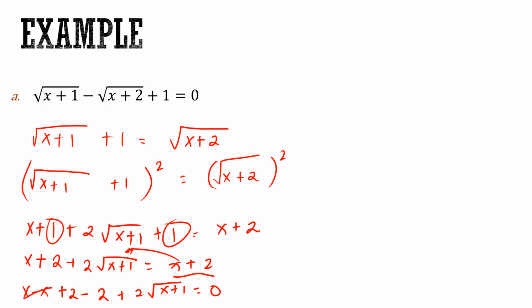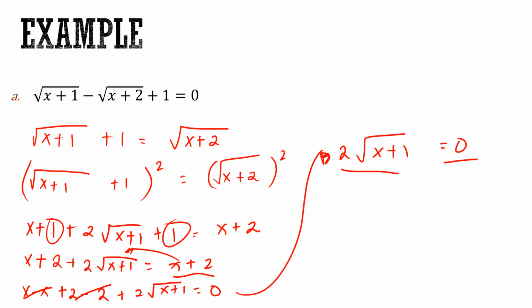Obviously this will be cancelled out, and what is left is 2 square root of x plus 1 equals 0. The next step is to eliminate 2 by dividing both sides by 2. What is left is square root of x plus 1 equals 0.